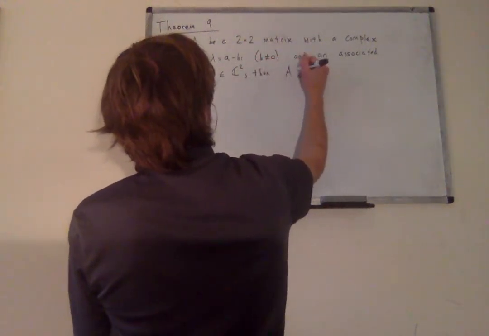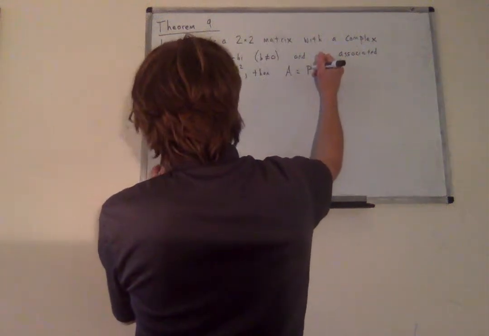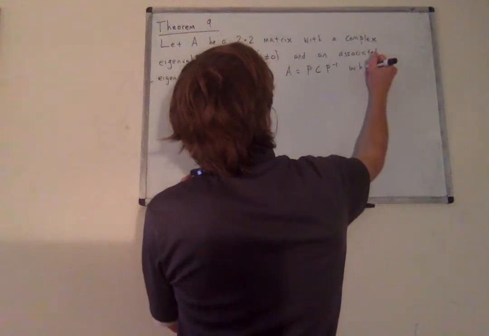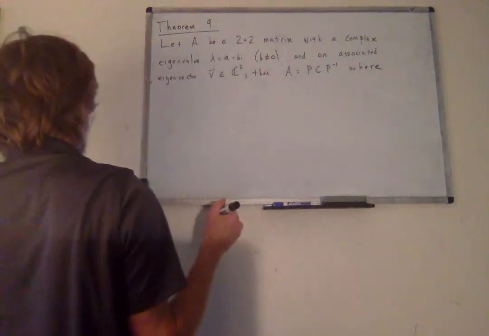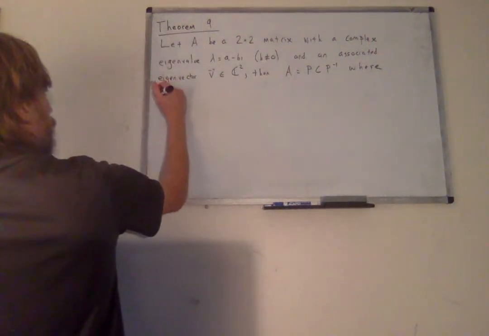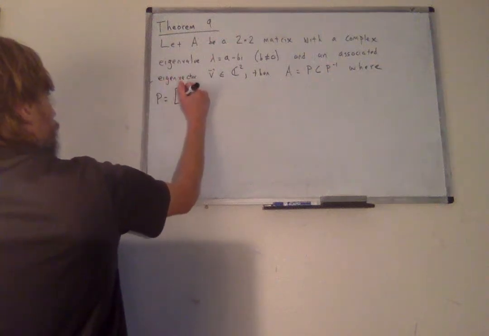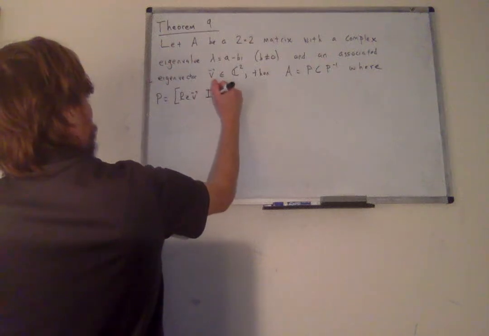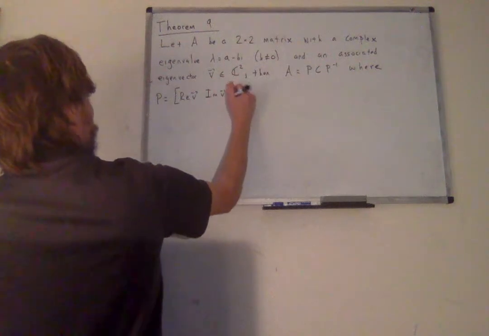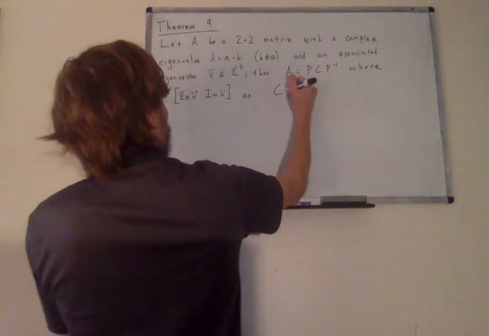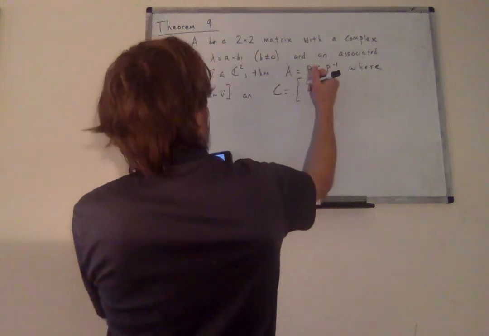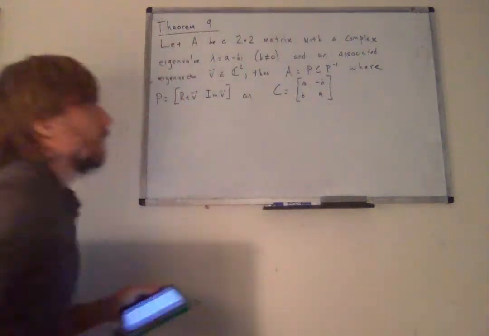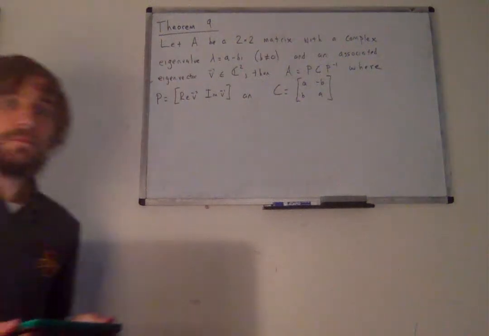Then we know that A is equal to P C P inverse, where P is the matrix that we just defined, whose first column is the real part of V, second column is the imaginary part of V, and C is this rotation scale matrix that we've already seen: A, negative B, B, A.